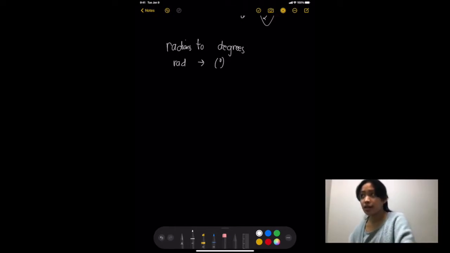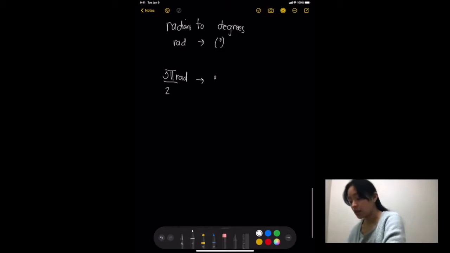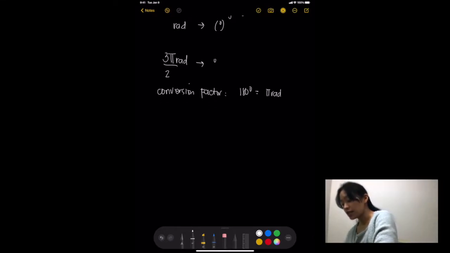Say for instance, I ask you to convert, let's say, 3 pi over 2 radians to degrees. Okay, let's start. So remember our conversion factor: 180 degrees equals pi radians.